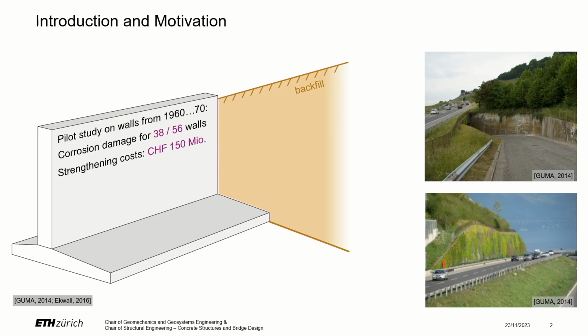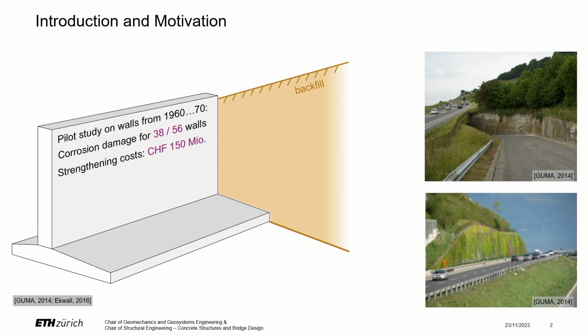After the collapse at the Brenner Highway, as we just heard in the last presentation, the Federal Roads Office conducted a pilot study to assess the situation for their walls. In the end, they assessed 56 walls from the 1960s and 1970s, and the result was quite alarming, since about 2/3 of these walls were affected by local corrosion.